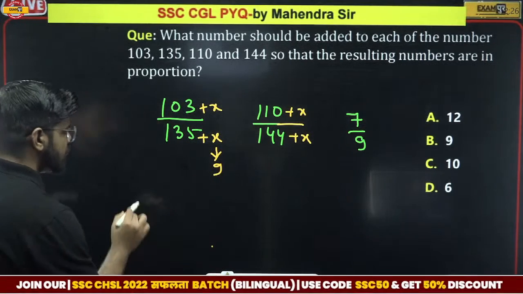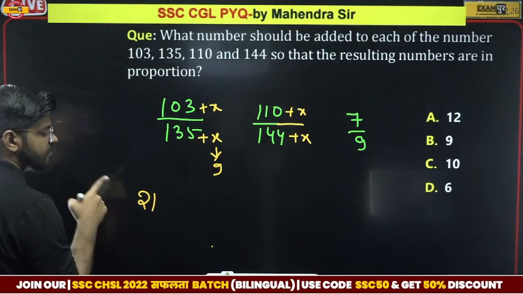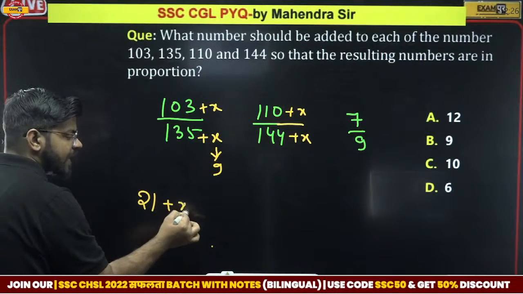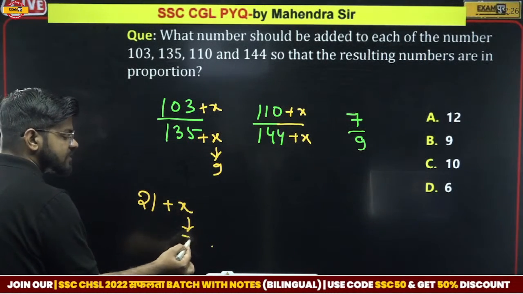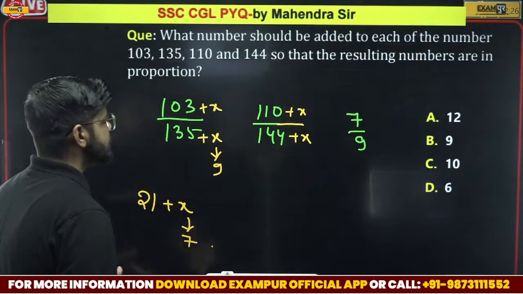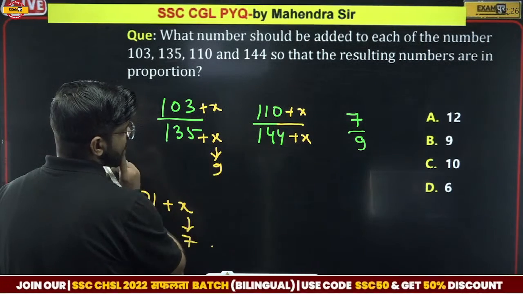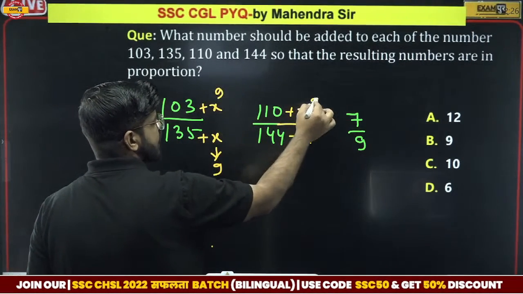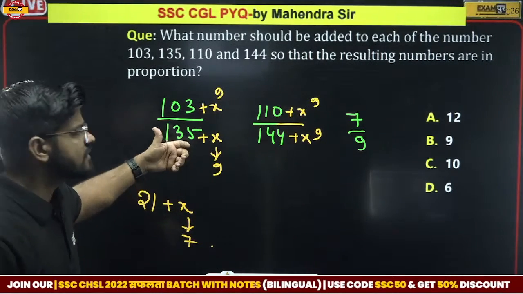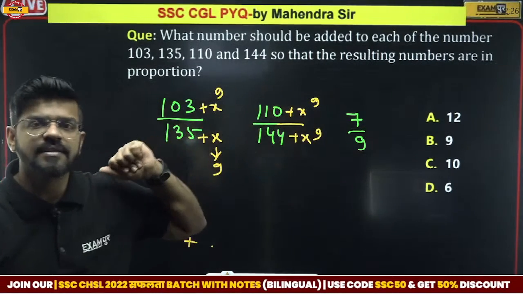If 21 is a multiple of 7, to make it a multiple of 7 by adding something, we can add 7 only. So I can easily say that if I add 9 here, here, here and here, I will get the result as 7 by 9.